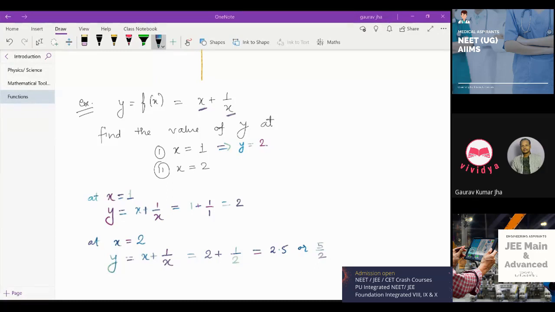Amazing. Great. When I say what is the domain of the function, what will you say? Obviously, you will say anything but 0, right? You will say anything but 0. Means every other value is possible except x equal to 0.